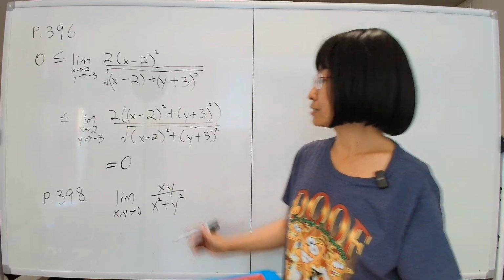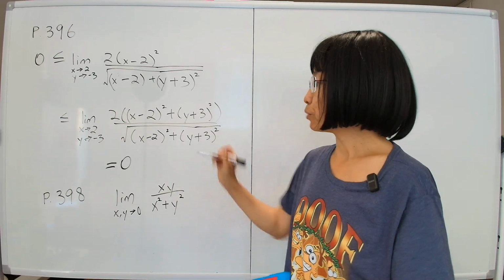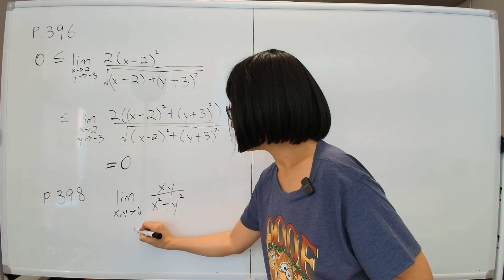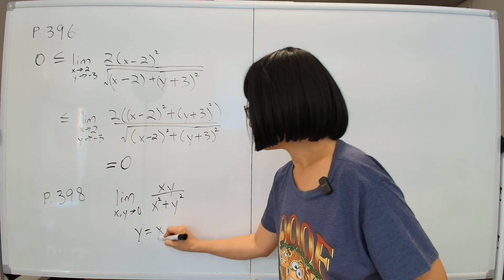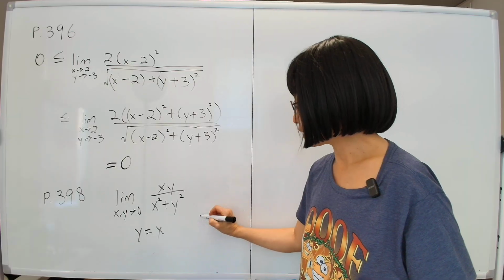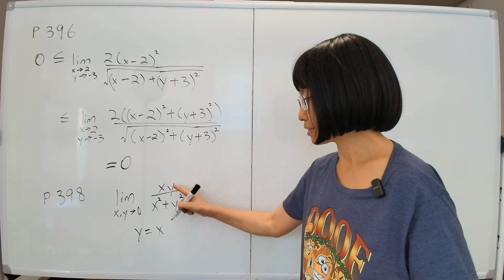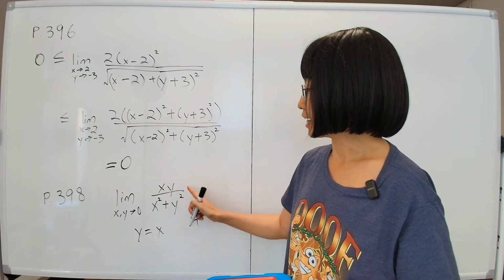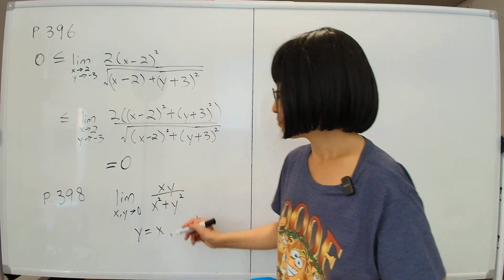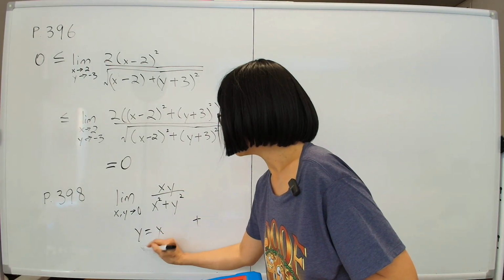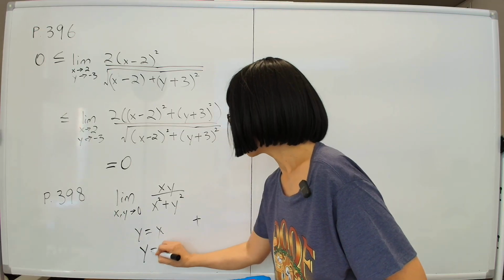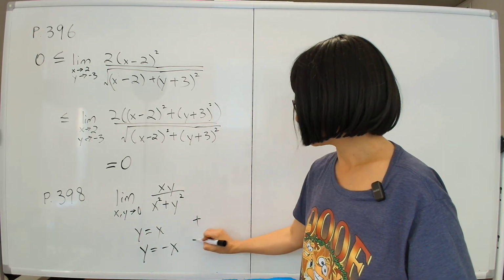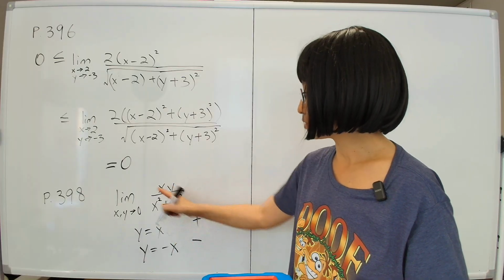Now, this limit doesn't exist because we can do this. First we let y equal x. Then the limit becomes x squared divided by this stuff, so the limit will be positive, if y equals x, as they both go to 0. But if we let y equal negative x, then this limit will be negative, because it will be x squared up here with a negative sign.